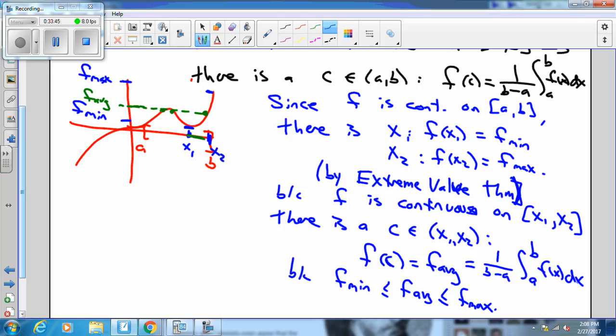But what is f average? It is 1 over b minus a times the integral from a to b of f of x dx. And that's it.